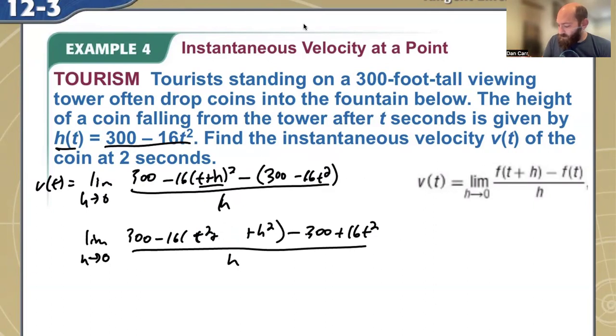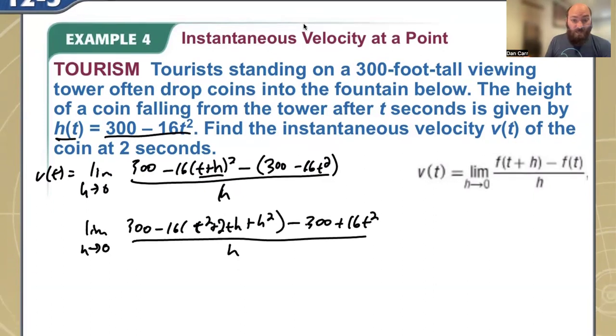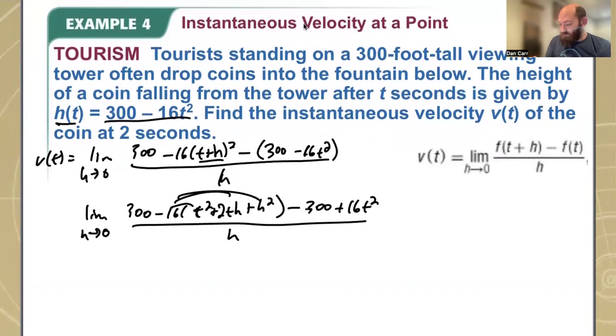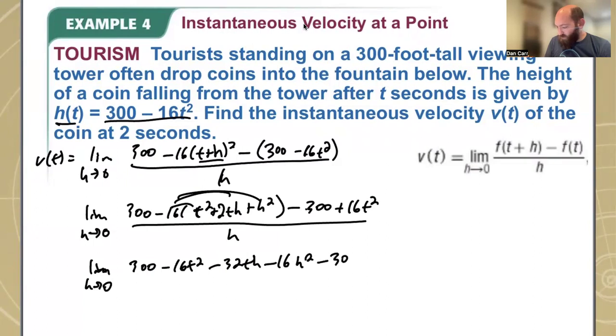Distribute the negative 16 so it goes to everything. So the limit as h approaches 0 of 300 minus 16t squared minus 32th minus 16h squared minus 300 plus 16t squared, all over h.